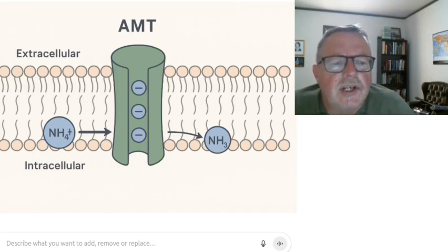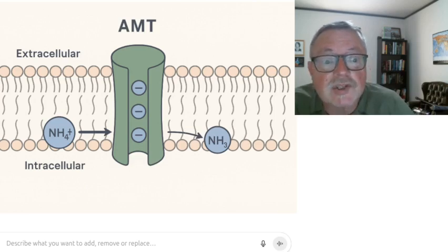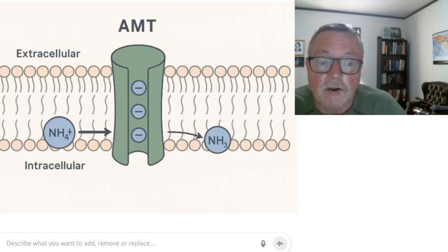These are a lot of details, but what I'm showing here is reminding us that the plant cells are separate from the bacteria. The bacteria are around those cells, but they're not inside the plant cells. And the plant cells are the ones that need the ammonium ion or the ammonia to form the amines and all the other amino acids.